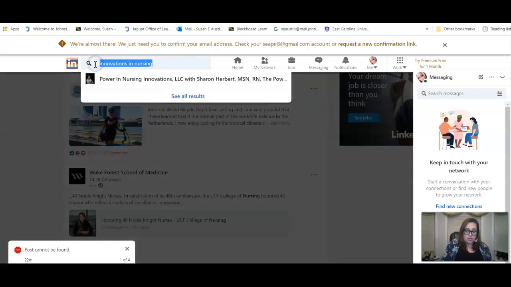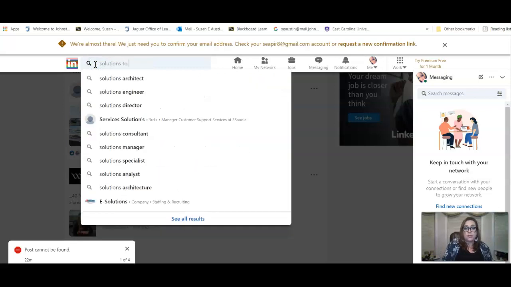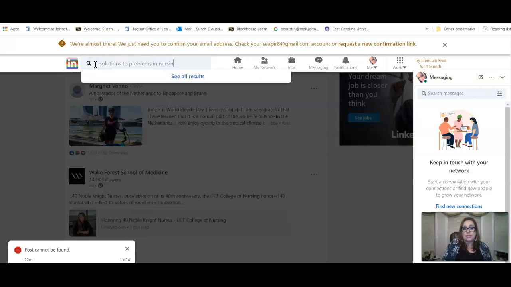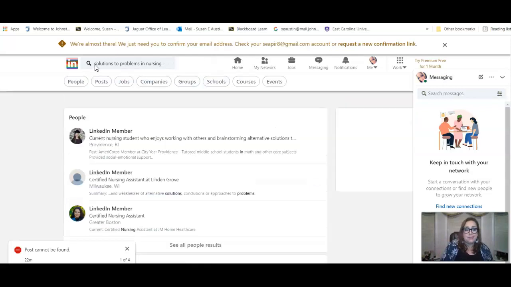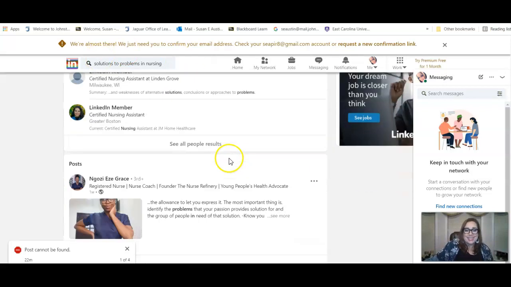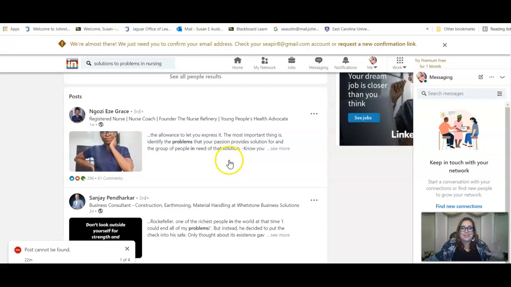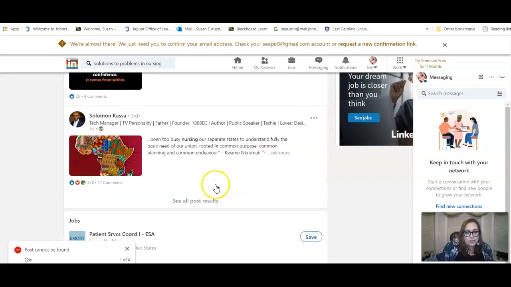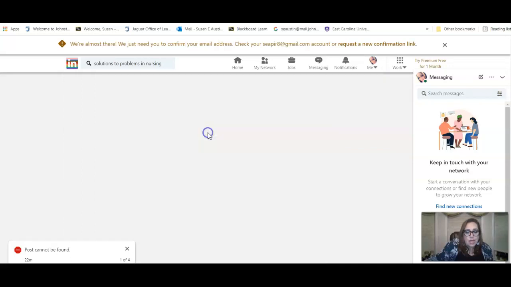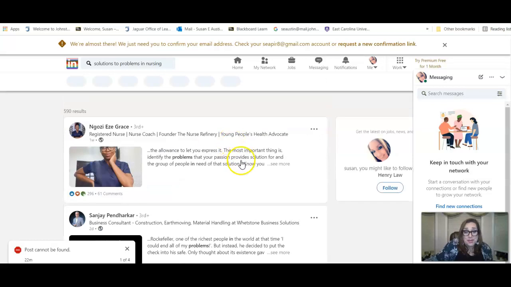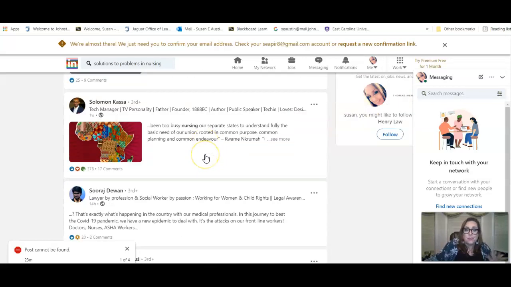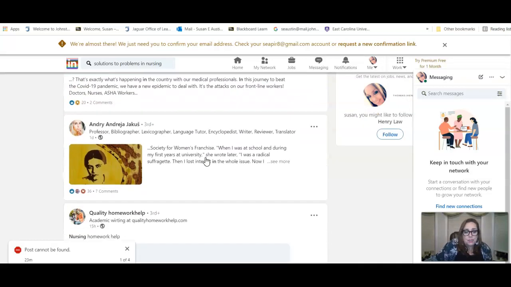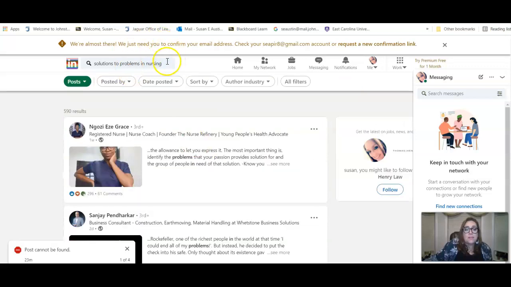So, solutions to problems in nursing. You just keep playing around with the different things that may connect to an article or a discussion. You're going to have to read through them. I'm not connected to a whole bunch of medical people on here because of what I do for a living, but you may find something.